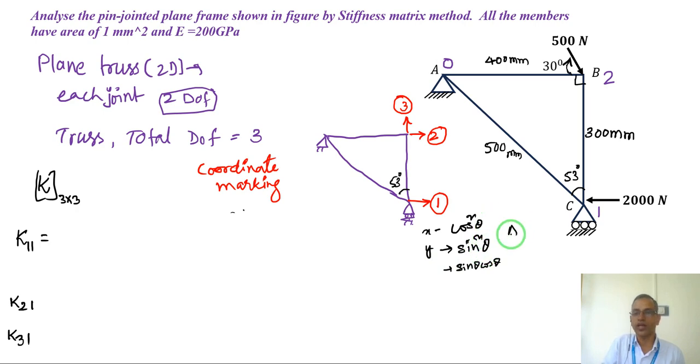Along with that, AE by L is always common. So you can remember this much: if there is any combination of x and y, sine theta cos theta. Horizontal direction, cos square theta. Vertical direction, sine square theta. If a combination is there, sine theta cos theta. It's very important. And at the same joint, you can add the summation.